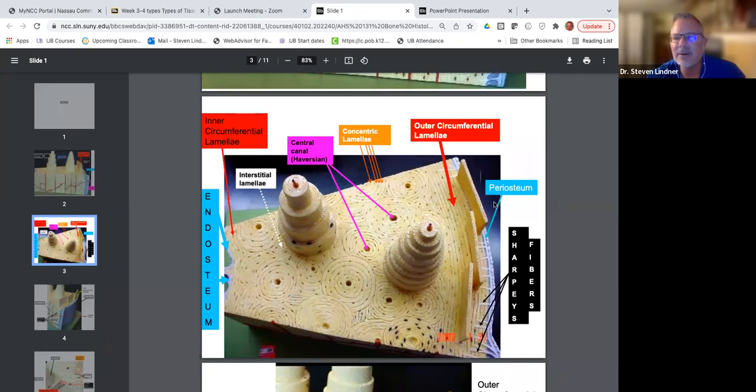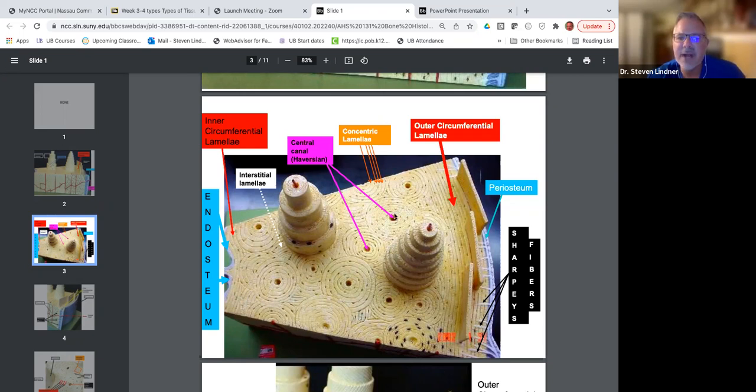So again, on the outside, we have the periosteum, where tendons and ligaments attach. Then we have these lamellae, but these are circumferential lamellae. Circumferential lamellae are very different than these concentric lamellae. The concentric lamellae are the layers of the cake, the different layers of the osteon itself.